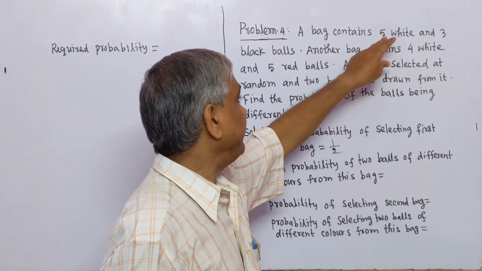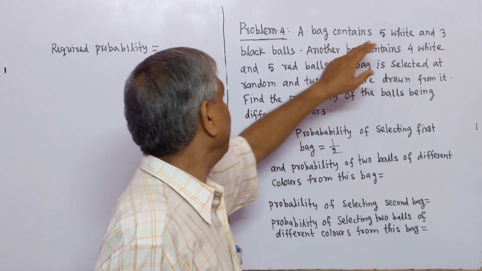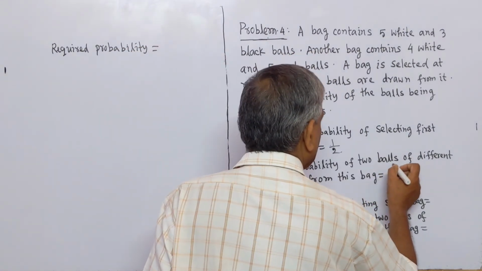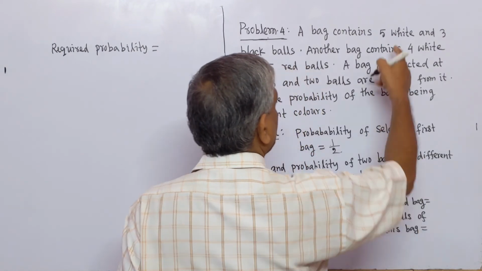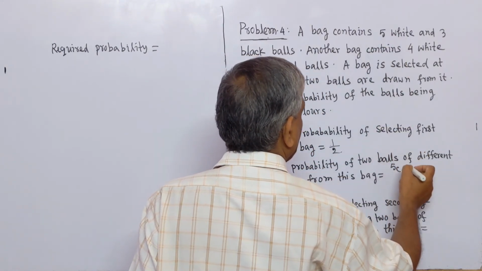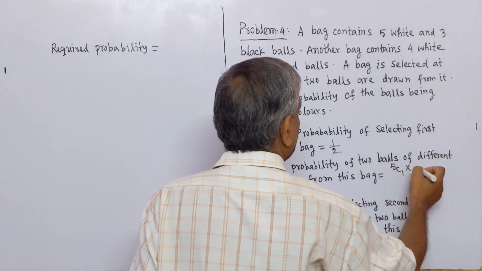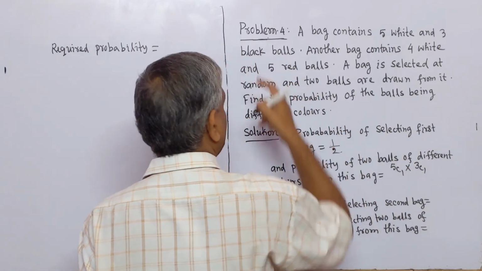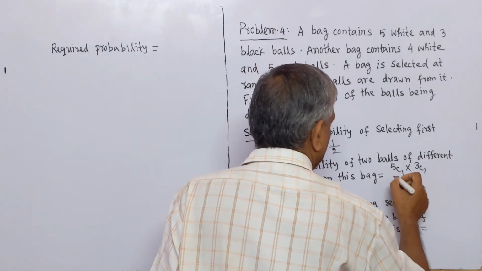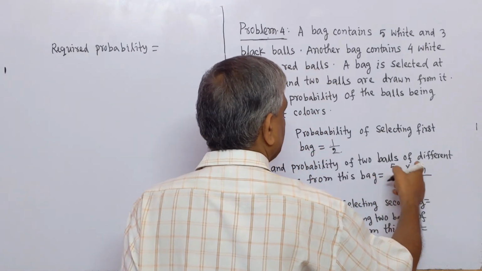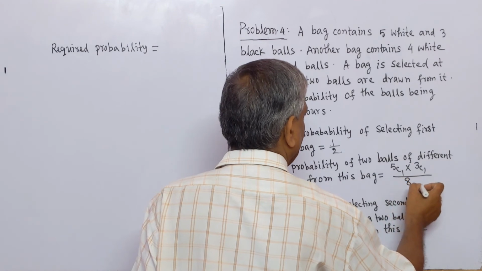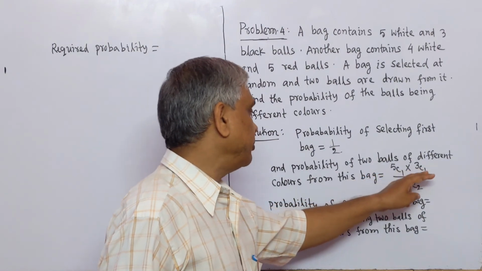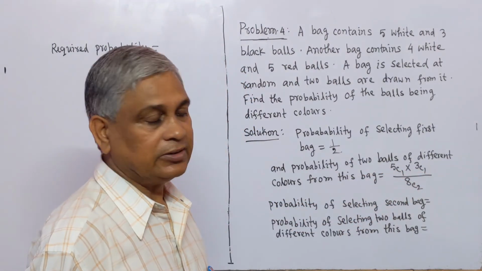Means we have to take 1 white and 1 black ball. Means 5C1, 1 white, multiply 3C1, 1 black ball out of 3 black balls, by 5 plus 3, 8C2. This is the probability for selecting 2 different balls from the first bag.